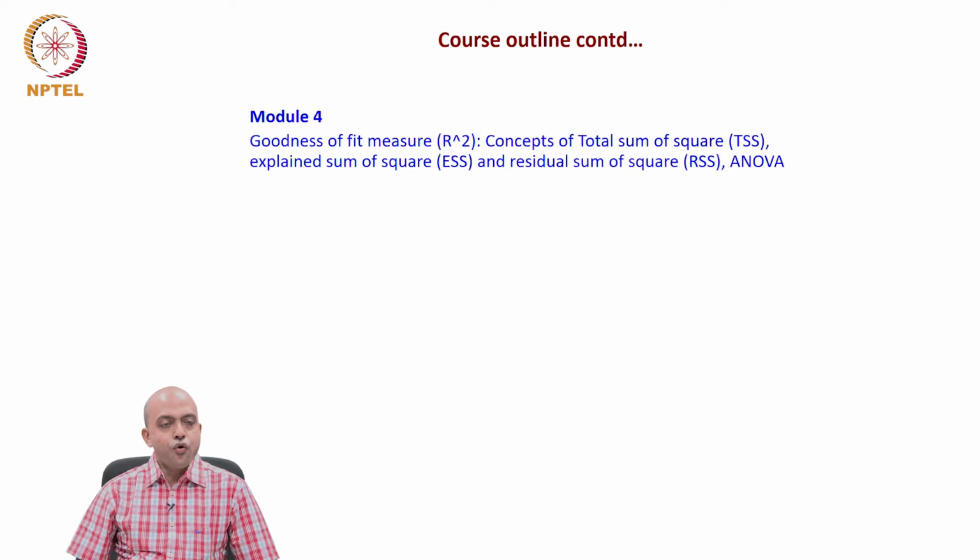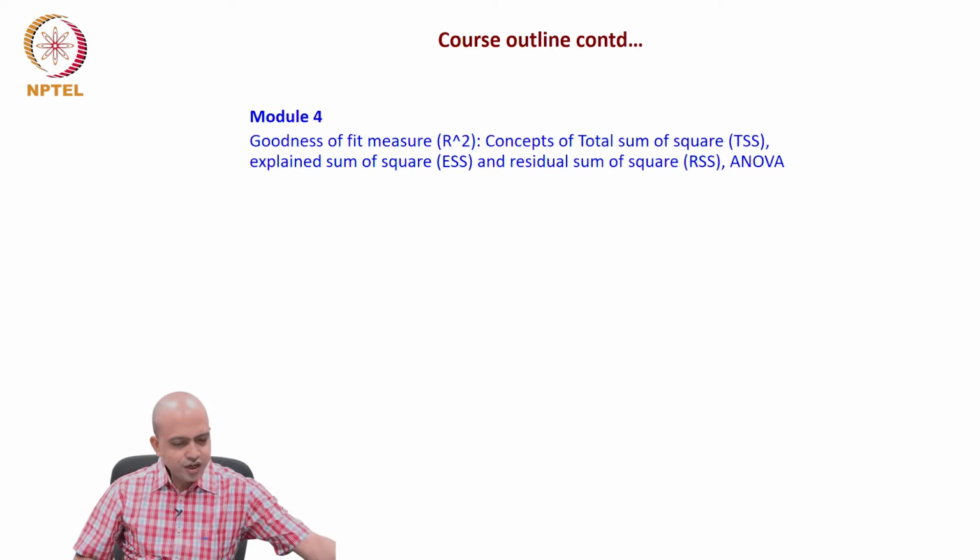Then in module 4, what we discuss is basically the goodness of fit measure. So, why goodness of fit measure? Because here we collect a sample and we are going to estimate a regression line.